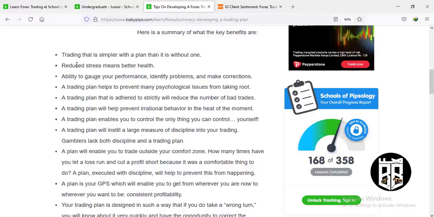Okay, gamblers lack both discipline and a trading plan. Now, a plan will enable you to trade outside your comfort zone. How many times have you let a loss run and cut a profit short because it was the comfortable thing to do?